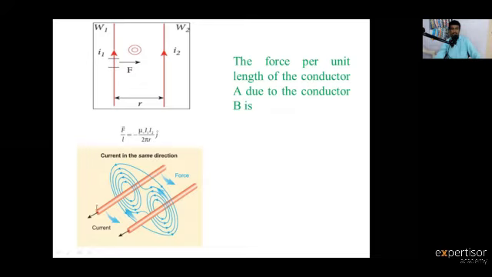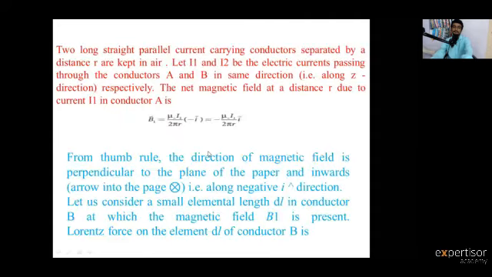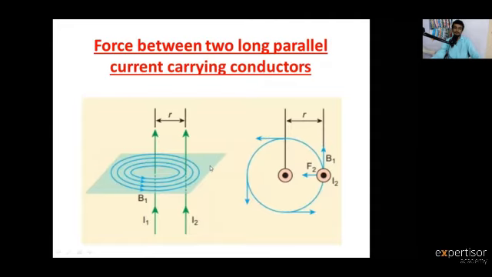When the current is in the same direction for two conductors, this is the field line structure. Here the force is generated, which is applied on the second one. So this is the full information about force between two long parallel current carrying conductors.